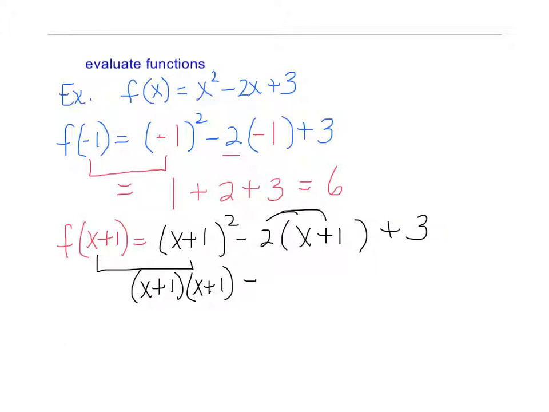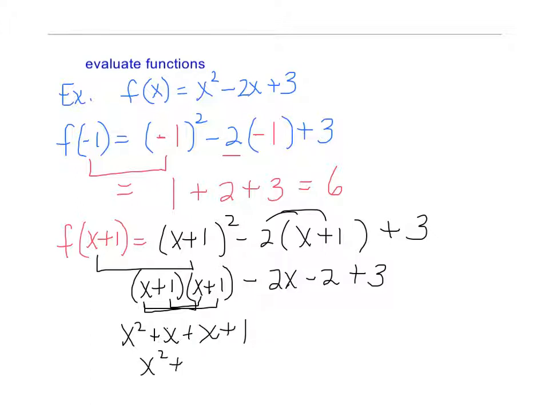I'm going to use the distributive property, so negative 2x minus 2 plus 3. This part right here, I'm going to multiply out using the FOIL method. Basically, x times x is x squared, x times 1 is 1x plus another x plus 1. So I have x squared plus 2x plus 1 minus 2x minus 2 plus 3. The 2x and the negative 2x are going to cancel each other, and I'm going to end up with x squared plus 2.